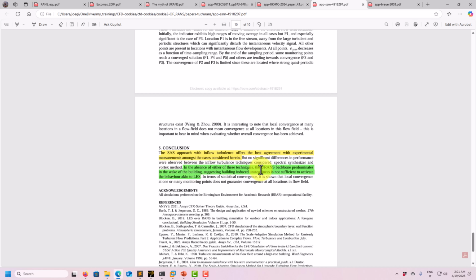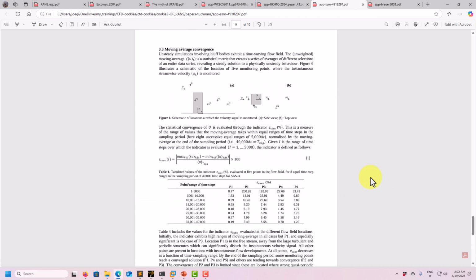In a sense of this technique, the URANS behavior predominated in the wake, that is that diffusion. Suggesting now that the unsteadiness due to what you are resolving about the body is not sufficient to trigger the LES-type behavior.